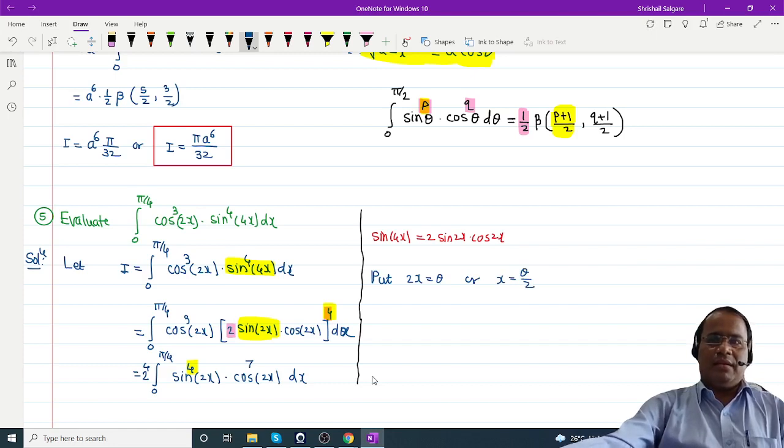Then dx is given by d theta divided by 2. Now the limits: given limits for the x variable are from 0 to pi by 4, and theta is your new variable.